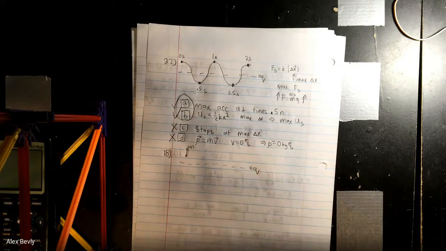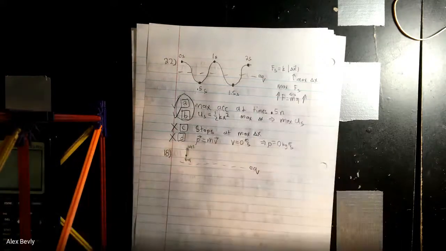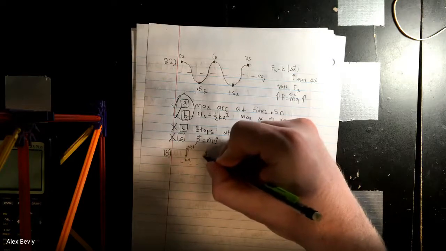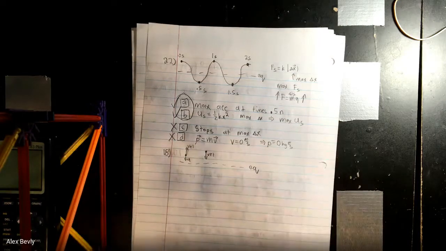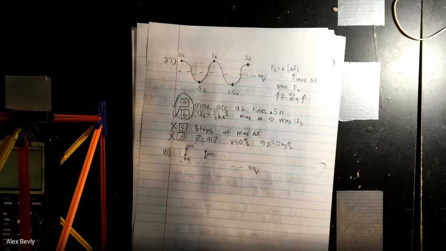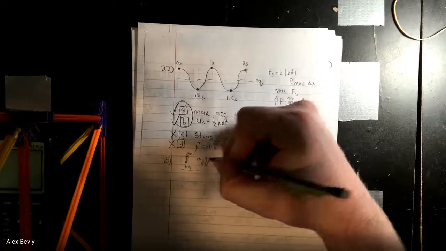Which way is this accelerating? Down. We're above equilibrium, so it's going to accelerate down. And then let's say I'm up here and I'm moving down now. Which way do we accelerate? Still down. That's what makes this simple harmonic motion: we're always accelerating towards equilibrium.